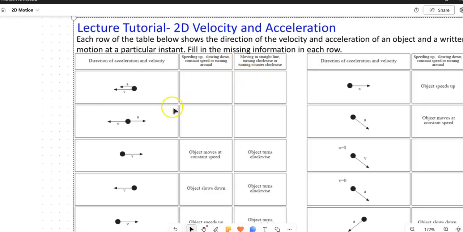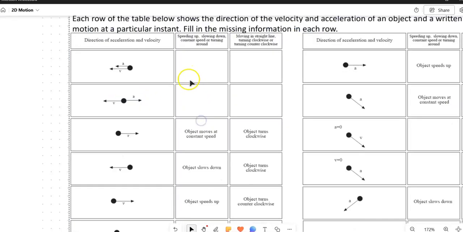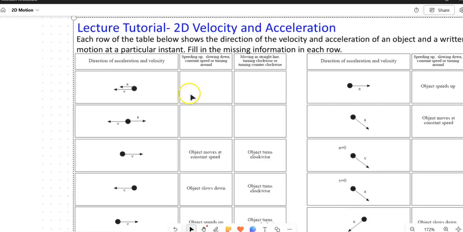Okay, so let's try it out. Let's do this one. In this case, this object looks like it is speeding up in the negative direction. If you look at it, it's moving to the left, and there's some force accelerating it to the left, or pushing it to the left. So this would be considered speeding up.